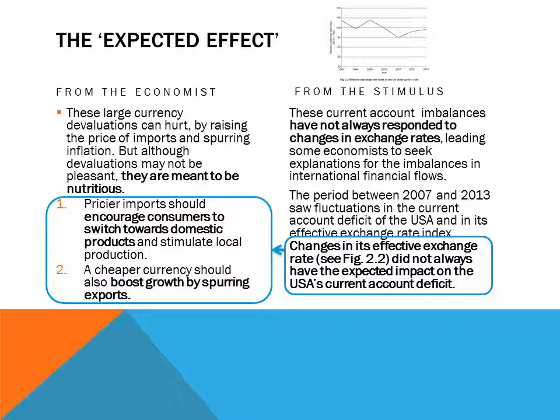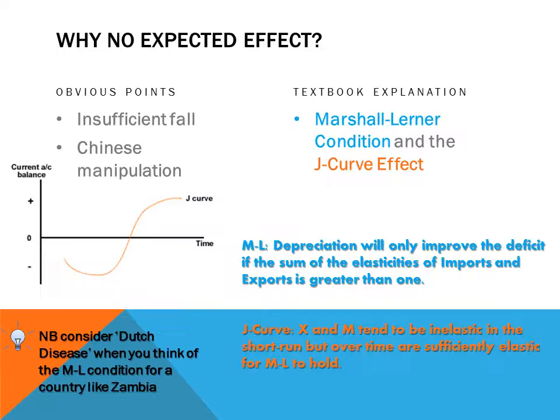The expected impact is that pricier imports should encourage consumers to switch towards domestic products, stimulating local production, and secondly, that your cheaper currency should boost growth by spurring your exports because they're now more competitive in the world market.